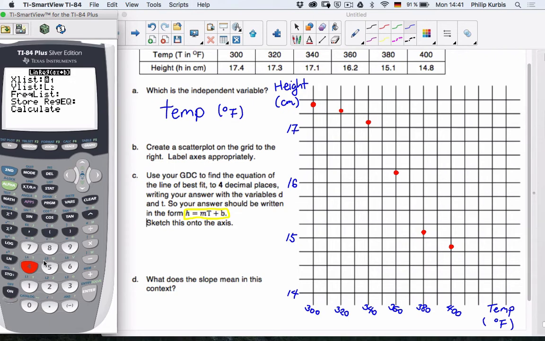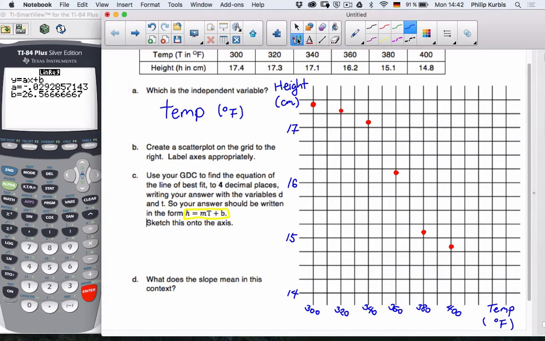It'll give you this drop down menu, so X list is L1, Y list is L2. We don't have a frequency, but let's go ahead and store the regression equation to make our life easier. We will press alpha, trace, and put it right away into Y1, so it'll graph it all at once. Then we press enter to calculate, and we will get the result.